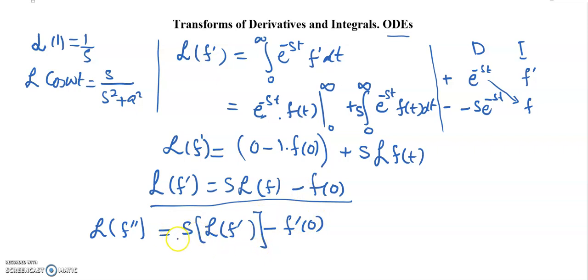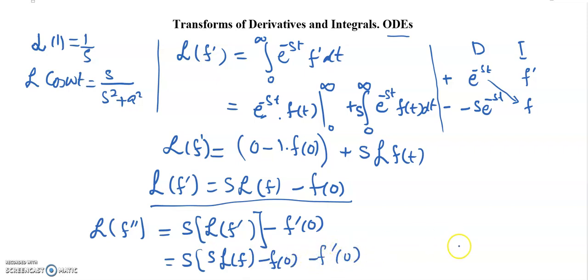Now we can input the value of the Laplace of f prime, which is s times the Laplace of f minus f of 0.